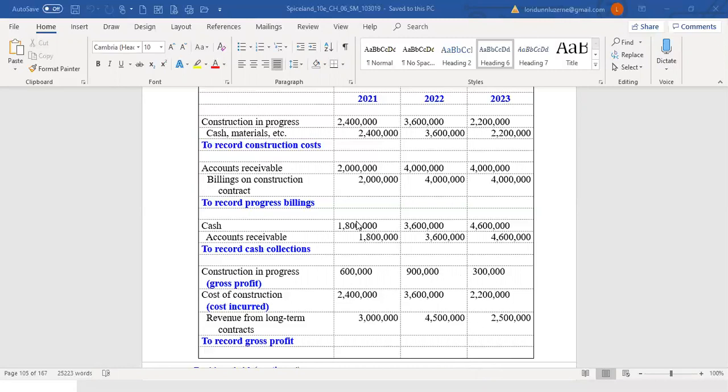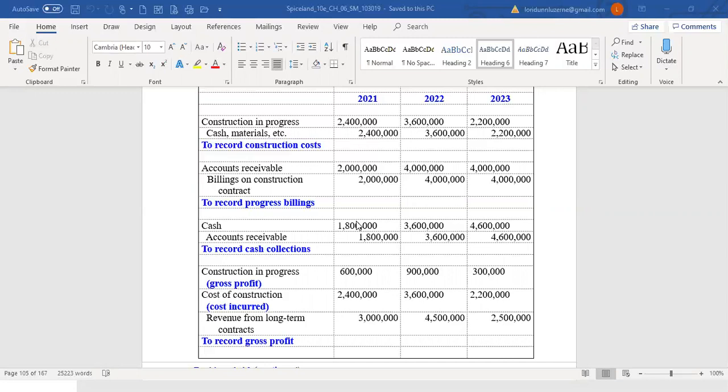So at the end of the first year, I'm going to debit construction in progress, $2.4 million, and we credit cash, materials. Debit accounts receivable, $2 million. Credit the billings on construction contracts, $2 million. And then I'm going to credit accounts receivable, $1.8 million.